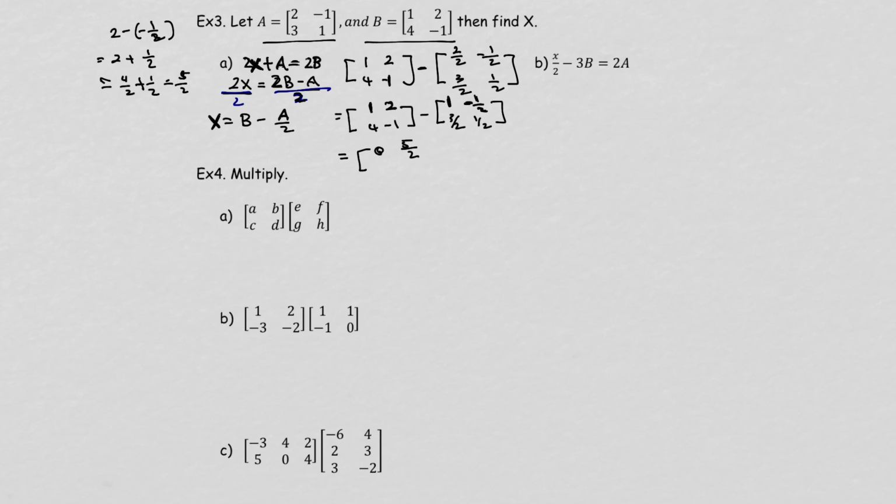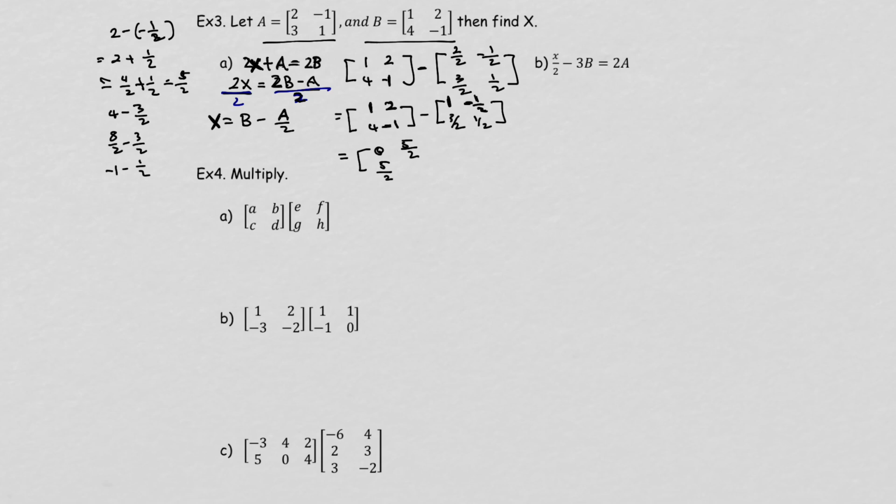Do the same thing. So you're doing 4 minus 3 over 2. This gives you 8 over 2 minus 3 over 2, so it will be 5 over 2. And negative 1 minus 1/2.